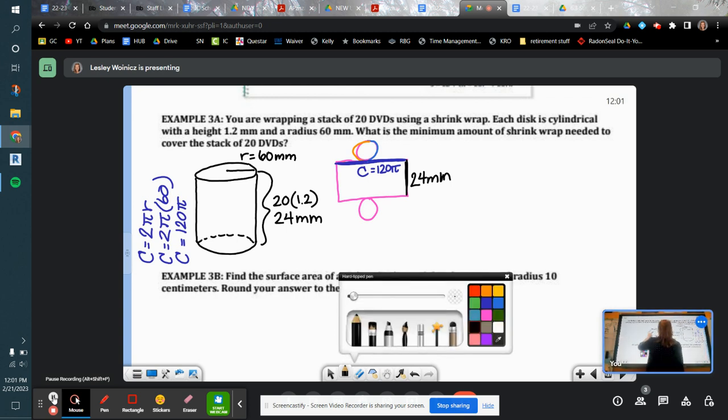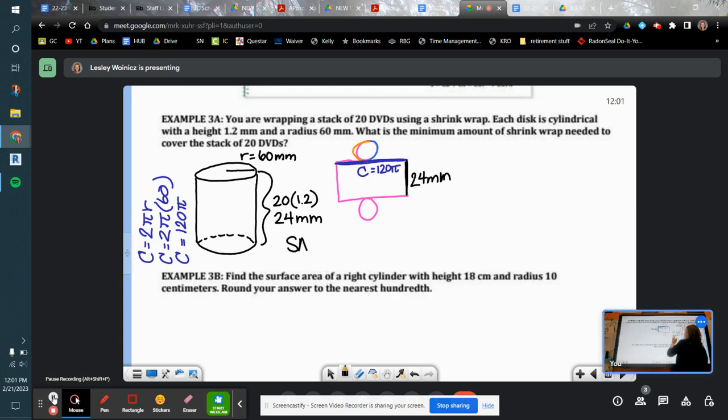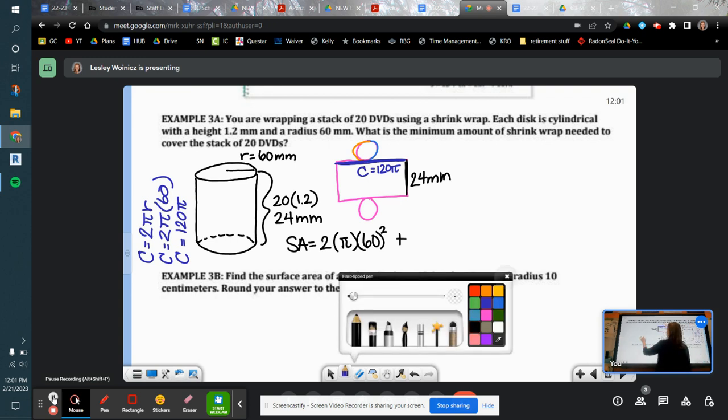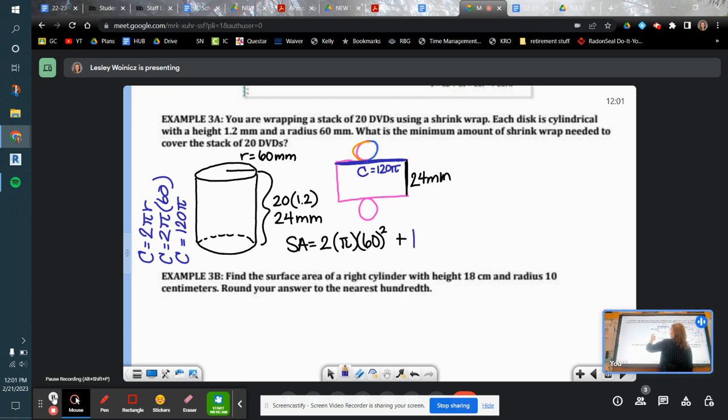So our surface area equals 2 times our circle base, which is pi r squared, so pi times 60 squared, plus 1 times our circumference, which would be 120 pi times 24.